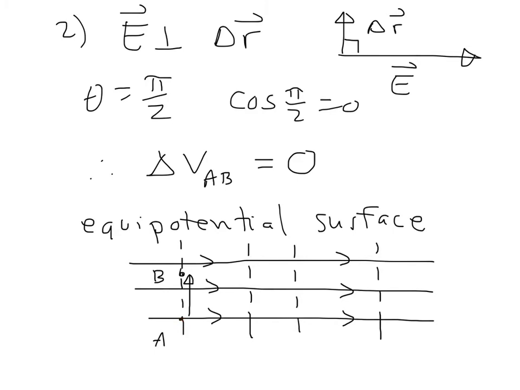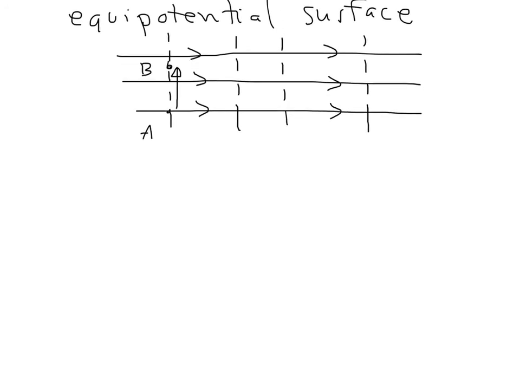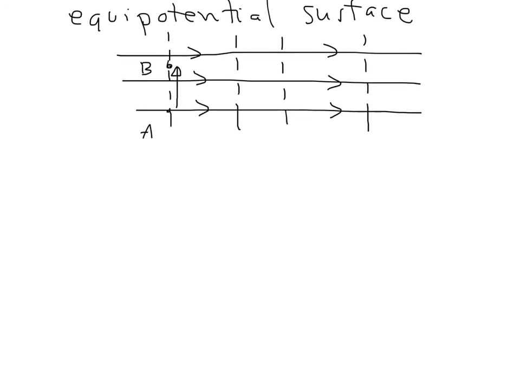Even if I were to come out of the screen or into the screen, the potential on that plane should be everywhere equal. So this is one important case of that. In a uniform electric field, the equipotential surfaces are planes, flat planes, which are perpendicular to the electric field lines. Let me show you one more case, an example of equipotential surface. So that's one case, a uniform electric field.